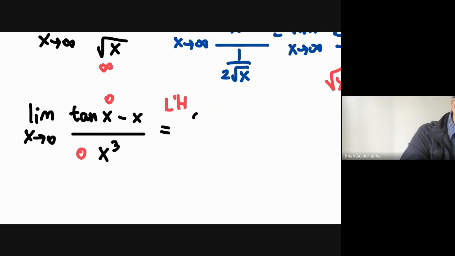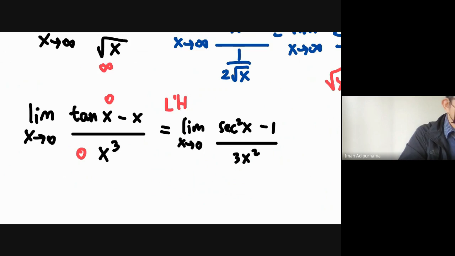So tangent becomes secant squared x minus 1, and this will be 3x squared. We check the formula, and it still gives us 0/0, right?